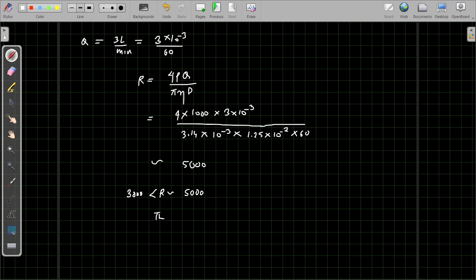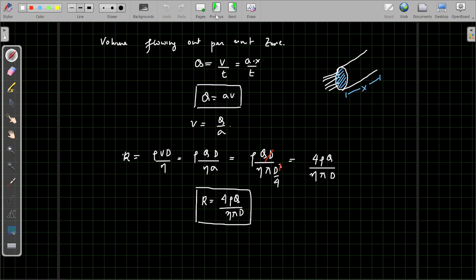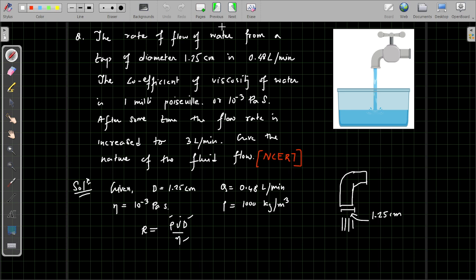So the flow of the liquid or water in this case is turbulent. This is how Reynolds number helps to understand the characteristic of the flow of the fluid. If it is within 0 to 2000, we can say the flow is steady and streamlined.